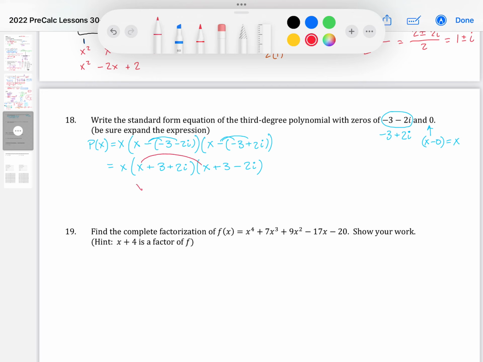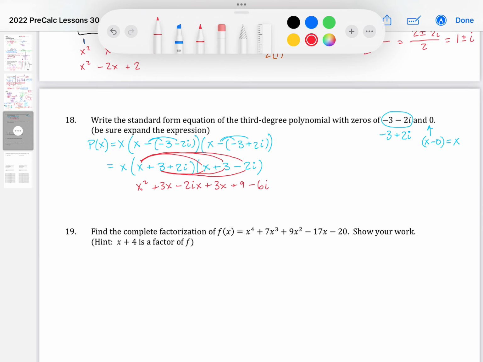So x times x is x squared, and we get plus 3x, and then minus 2ix. If we distribute this 3, we get plus 3x plus 9, and then 3 times negative 2i is minus 6i.